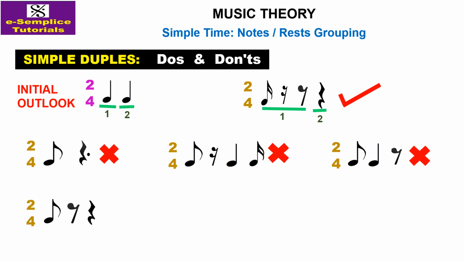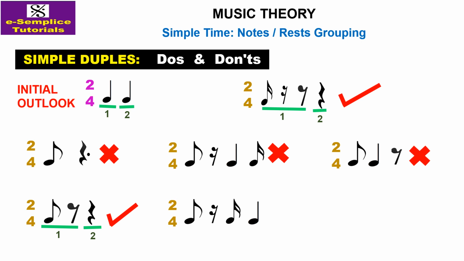Take a look at this. Is this correct or wrong? Compared to the initial outlook, is this correct or wrong? It's correct. Why is this correct? Because you can see clearly beat 1, beat 2.